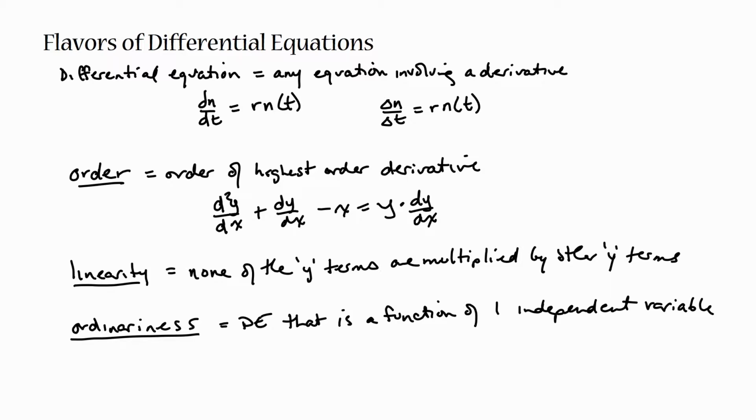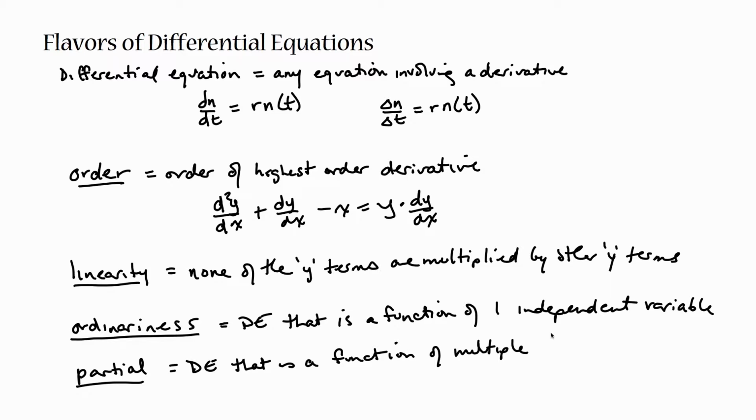If you have a differential equation that's a function of multiple variables, then it becomes a partial differential equation. So that's a differential equation that is a function of multiple variables. Much like a partial derivative, right?